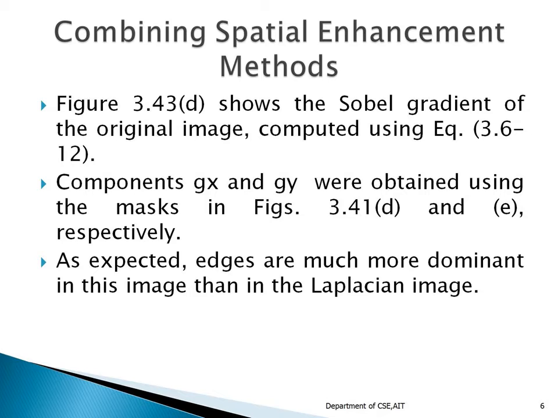As usual, we know that the Sobel gradient will bring up the edges very significantly. You can see that the edges are more dominant in this image than in the previous case. When I was using a Laplacian, it was not highlighting them very much, but in this case the edges have become more dominant because of the Sobel mask.